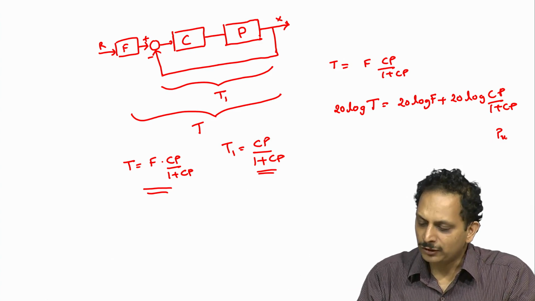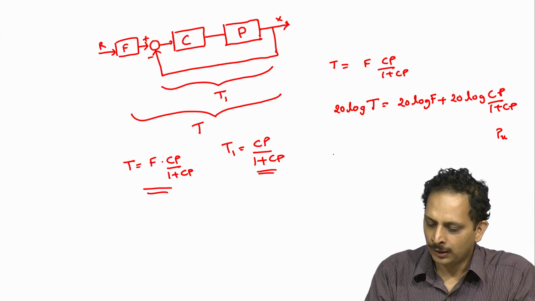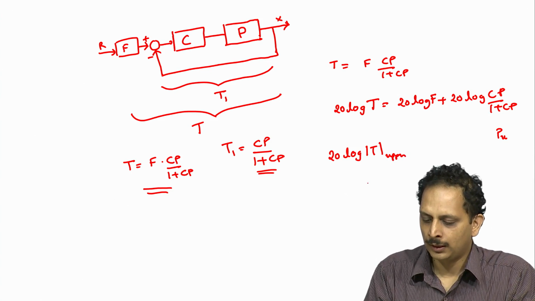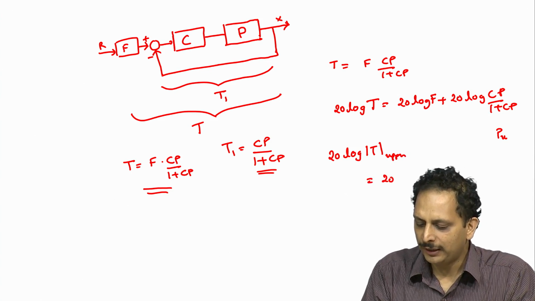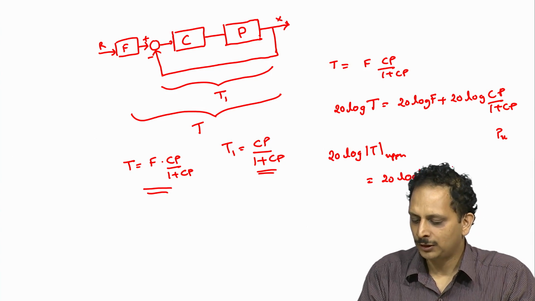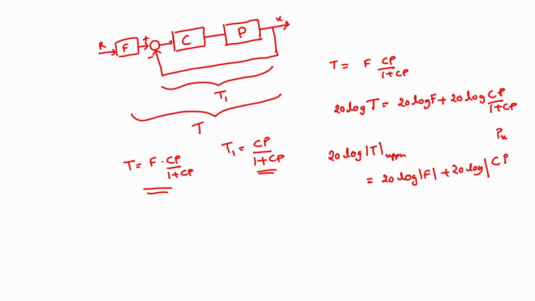So for this particular plant model, we would have 20 log magnitude of T upper to be equal to 20 log magnitude of f plus 20 log magnitude of C times P upper divided by 1 plus C times P upper.